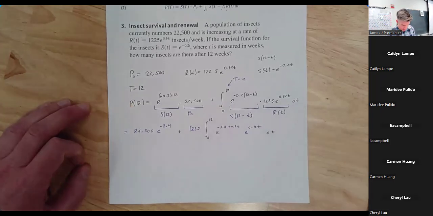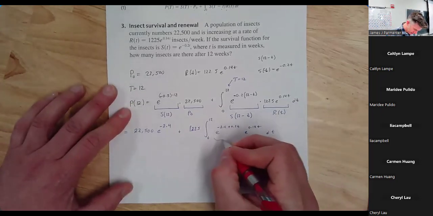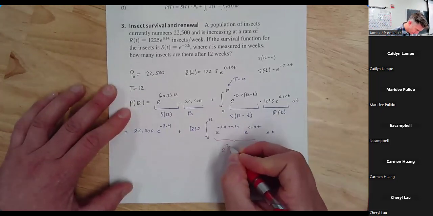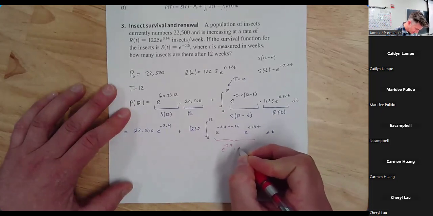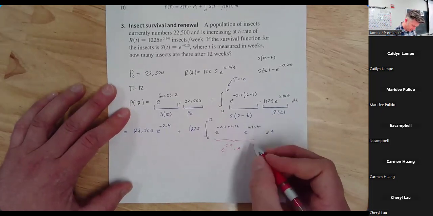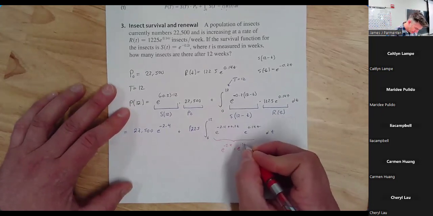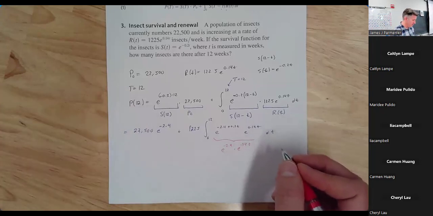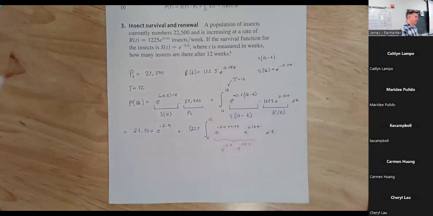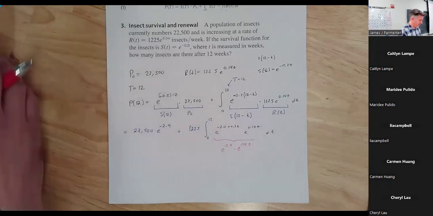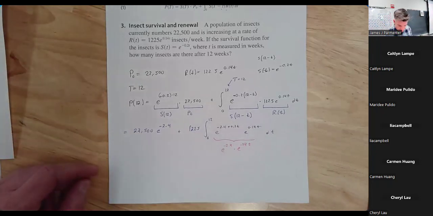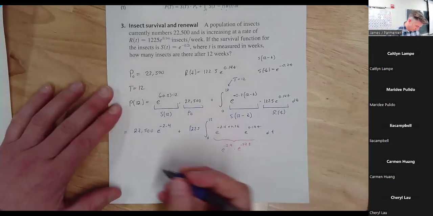But what I really want to do is write this as e to the negative 2.4 times e to the 0.2 plus 0.14, which is 0.34 t, because the e to the negative 2.4 is also just a constant, and I don't really need to think about it. I can pull it out in front of my integral. So I'm going to do one more simplification before I fully write this.